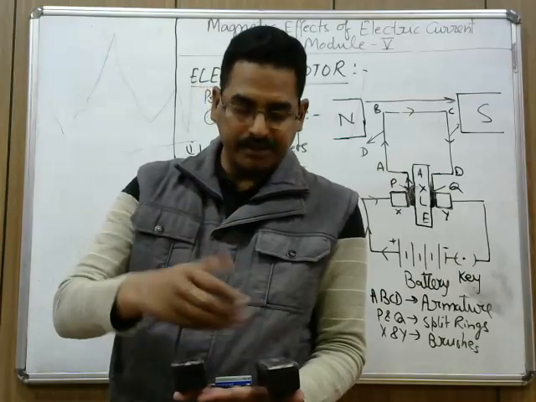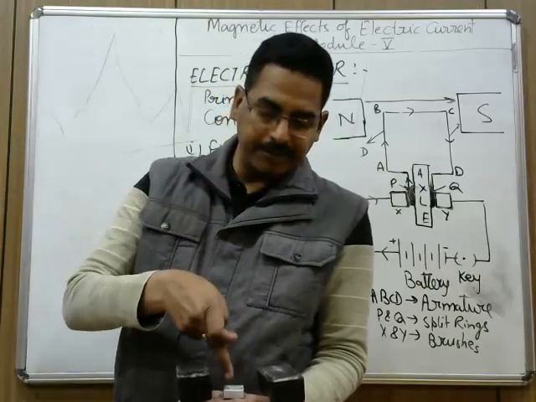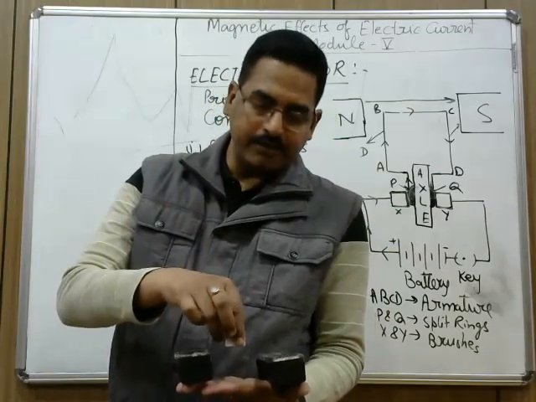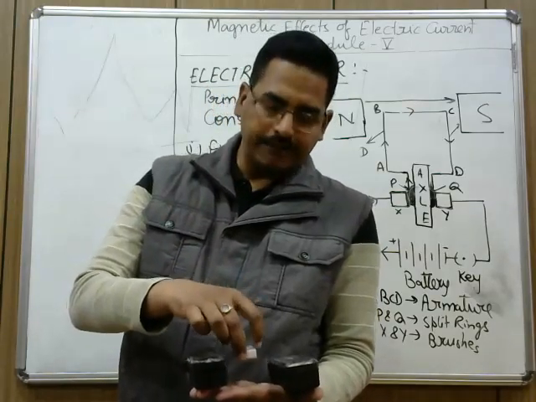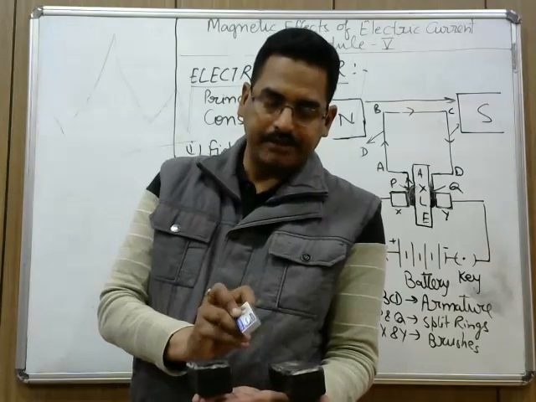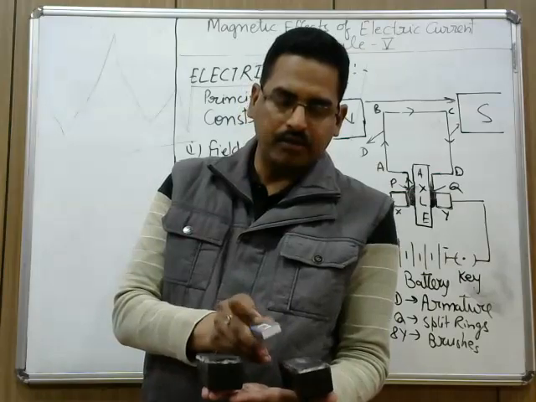The magnetic field is this, and this is AB, BC, CD, DA. If on this side the force is acting downward, and on the other side the force is acting upward, the coil will rotate like this, that is anti-clockwise.